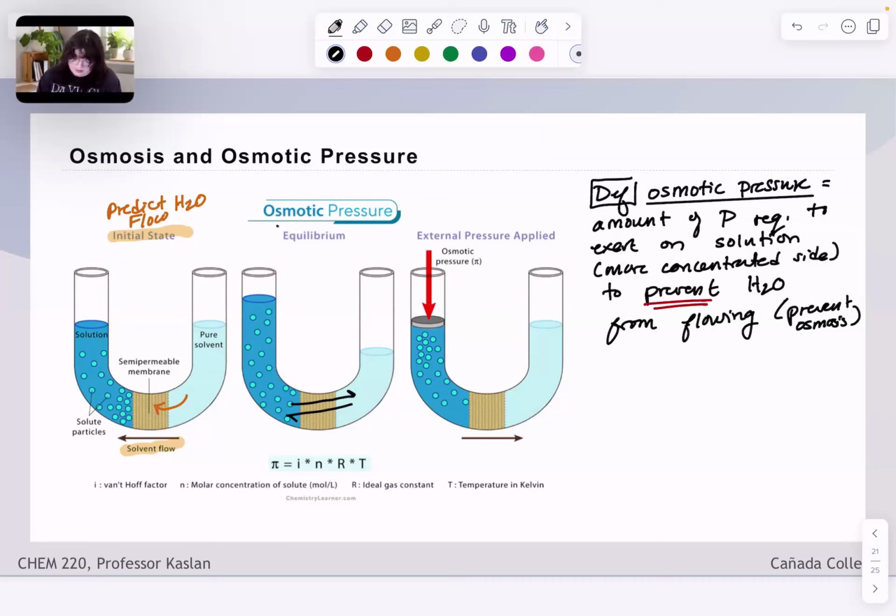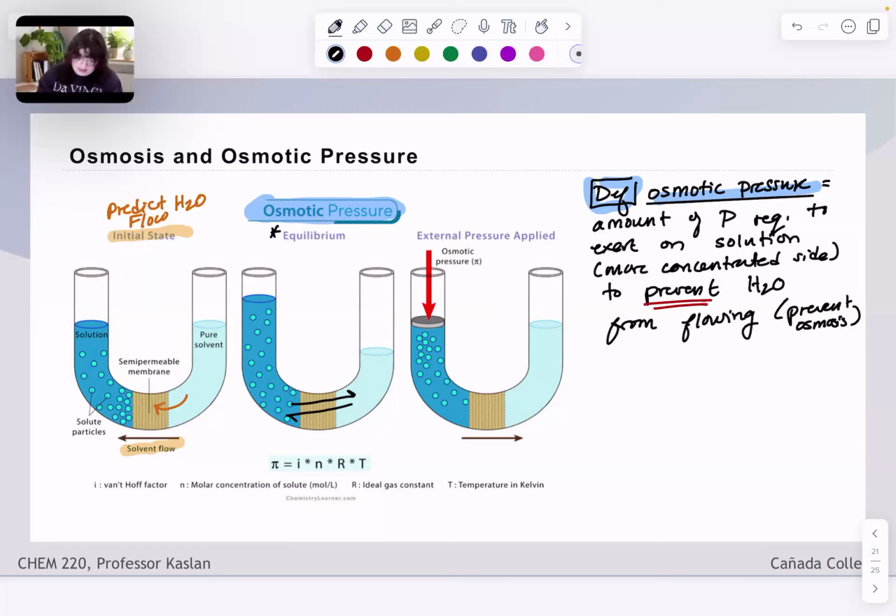We'll talk about this one a little bit later. But in this conversation, we're talking about osmotic pressure, right? Osmotic pressure is the amount of pressure that we would have to push down on our solute, here indicated by this red arrow, in order to prevent the water molecules from flowing and creating a higher column in our U tube.